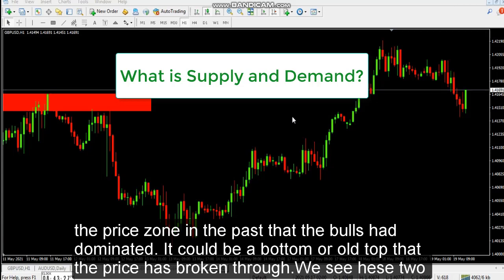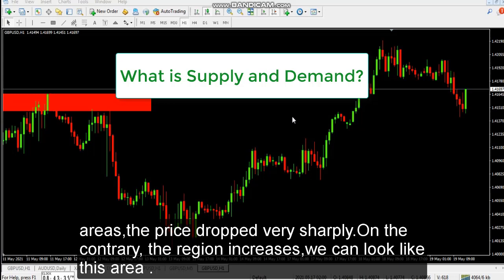We see there are two areas where the price stopped very sharply.